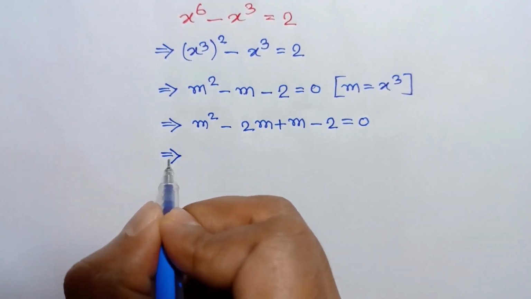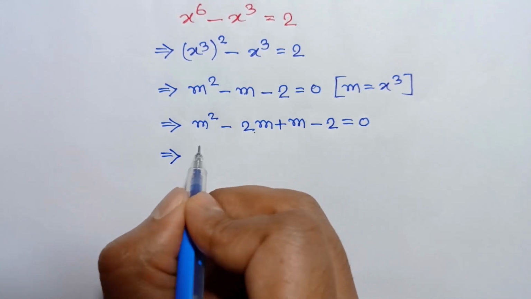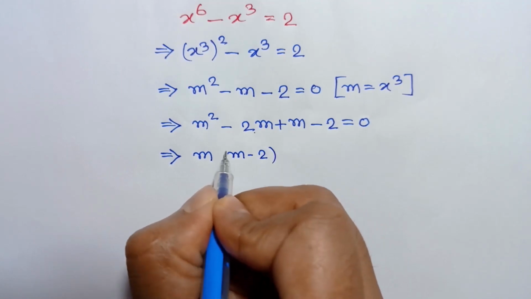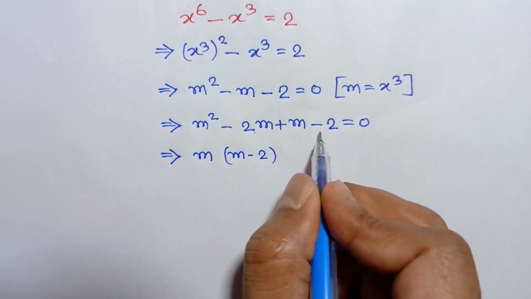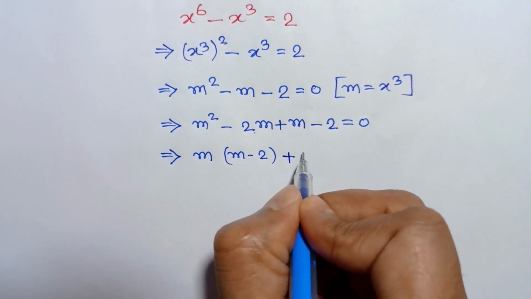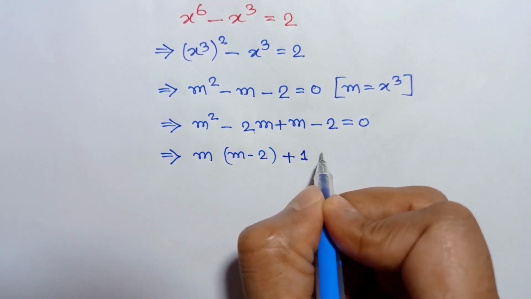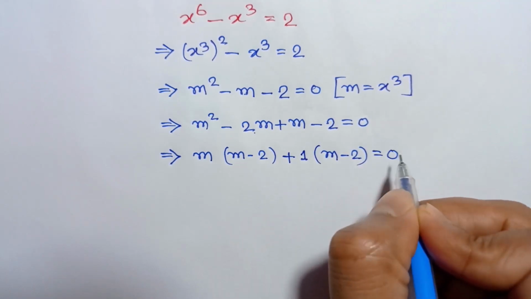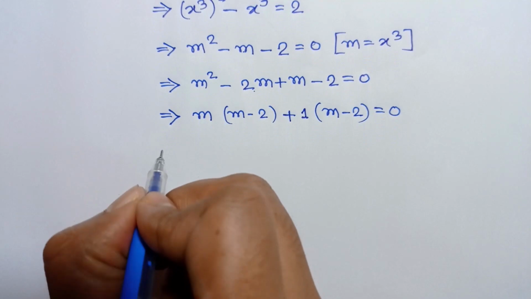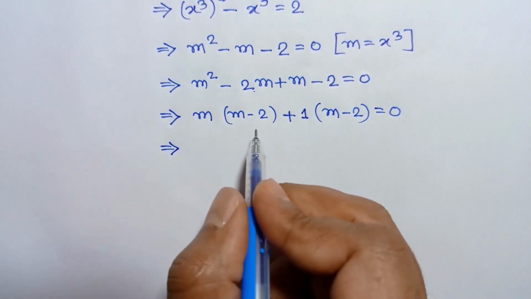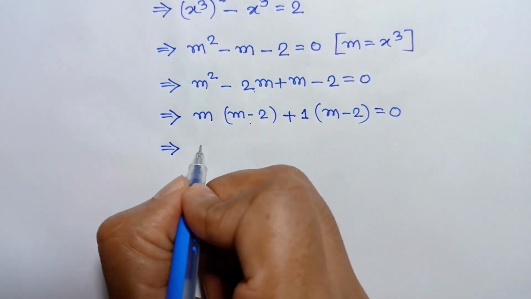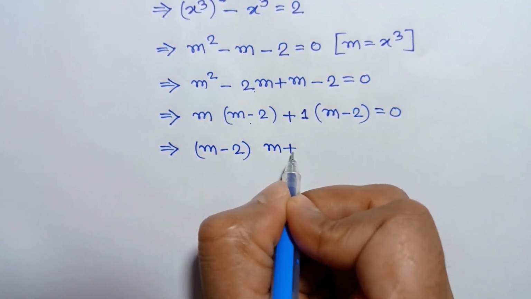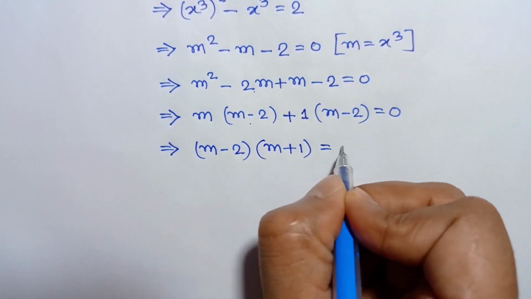Taking common m from the first two terms we will have m times m minus 2, and taking common positive 1 from the last two terms we will have 1 times m minus 2 is equal to 0. Taking common m minus 2, we can write m minus 2 times m plus 1 is equal to 0.